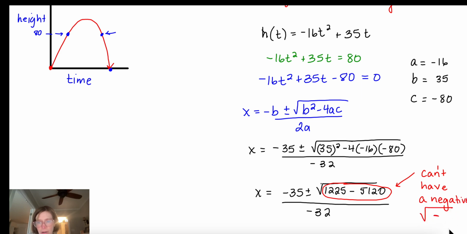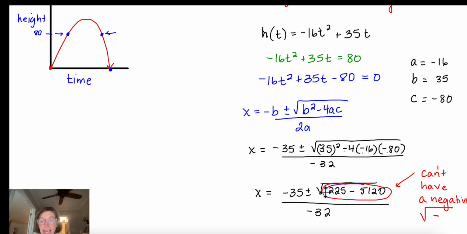So you can never get a negative number under a square root right now. It gives you something called an imaginary number. It's not real. So I would always go back and make sure that I plugged everything in right first. I would verify that I had my signs right, but because I had 3 negatives, it was going to make that negative. Negative times negative is positive, positive times negative.